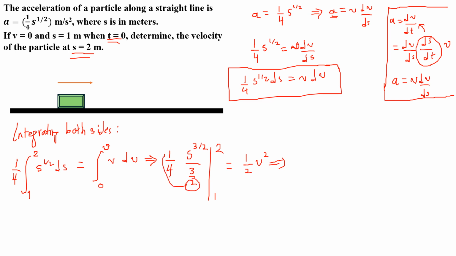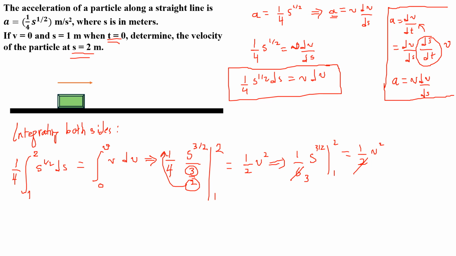This 2 will come up, so I'll have 2 over 4, which is 1 over 2, and I have 3 here, so 2 times 3 is 6, so I have 1 over 6 times s to the power 3 over 2, equals 1 over 2 v squared. I'm just doing that step by step. Now I can cancel this 2, so this will become 3.